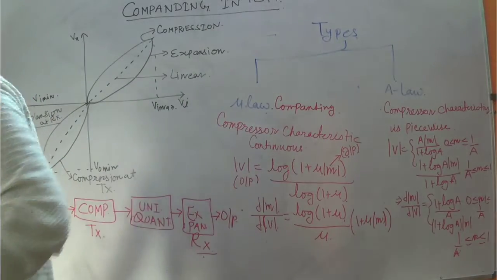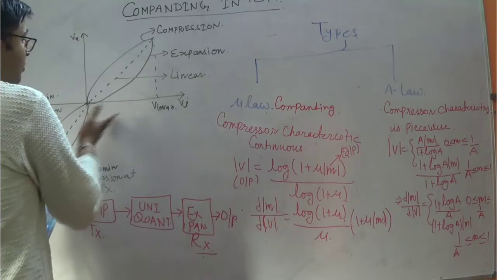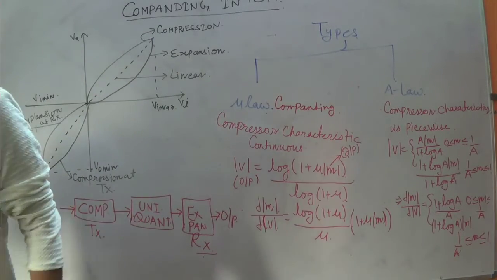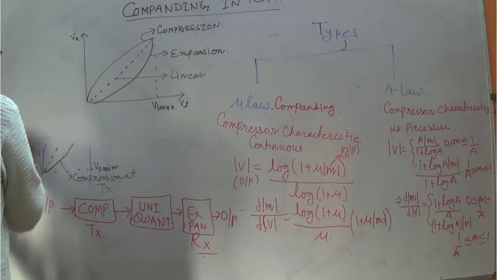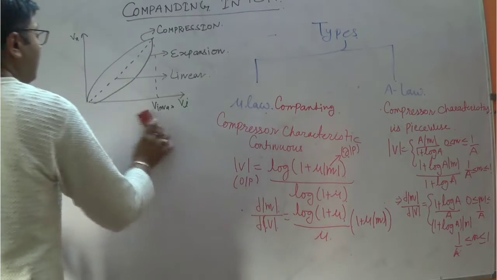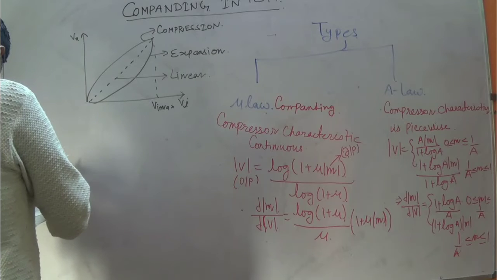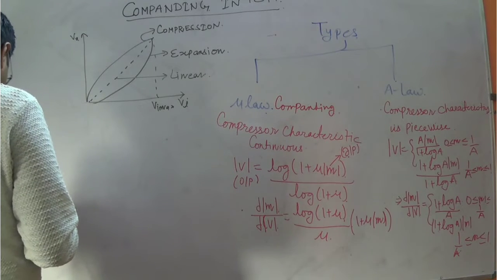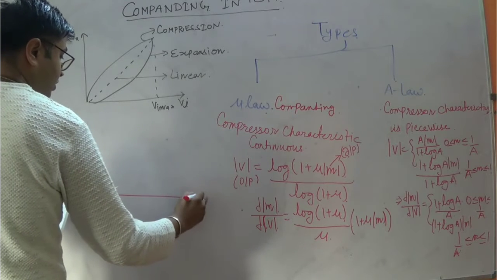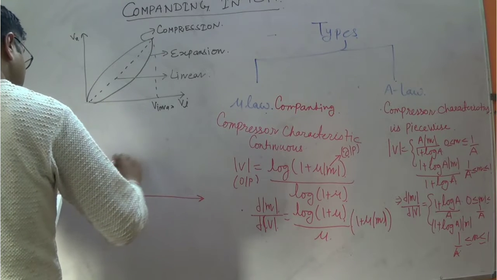Now how are we going to show it? This is the normal curve of this companding, as you have understood. In mu law characteristics or mu law companding, I will draw the mu law companding first.